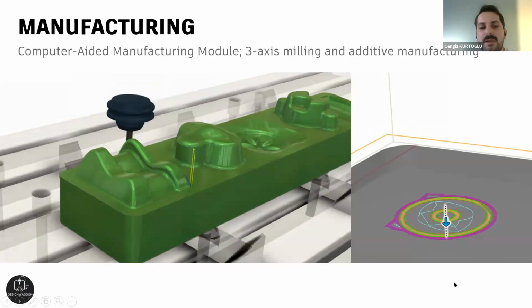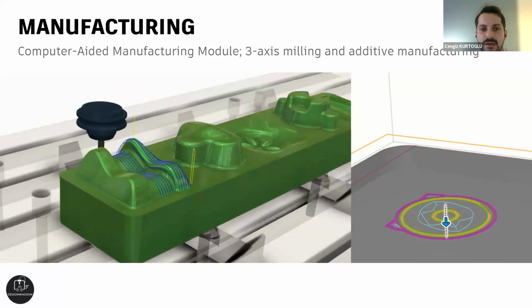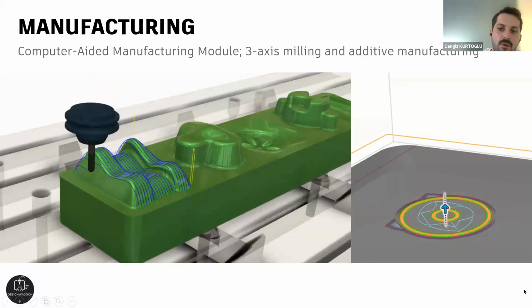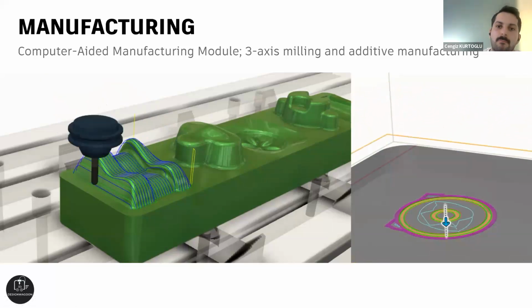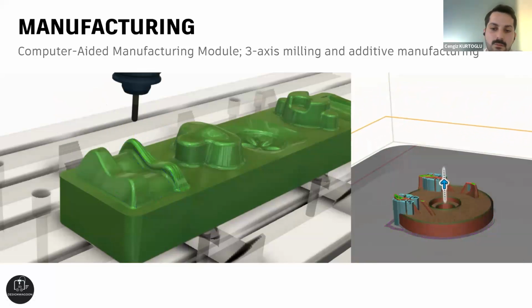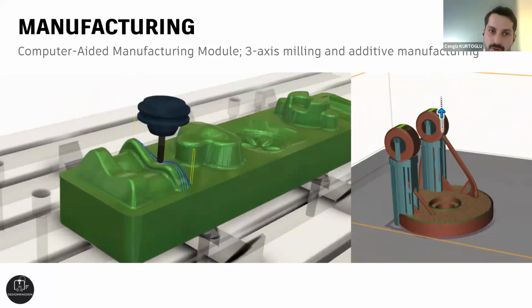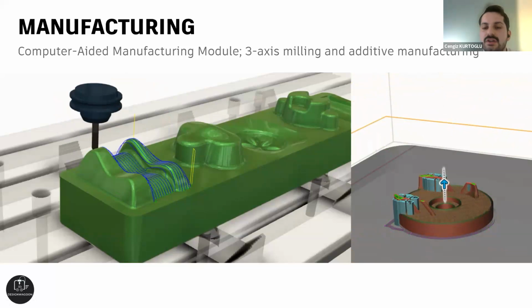Well, manufacturing. There are two different types of manufacturing which are quite important in Fusion, like milling or additive manufacturing. At the industry level, it's very common to create your parts and manufacture them. You can use milling tools, like CNC tools. In Fusion, you have a workspace where you can create G-code directly in the manufacturing workspace.